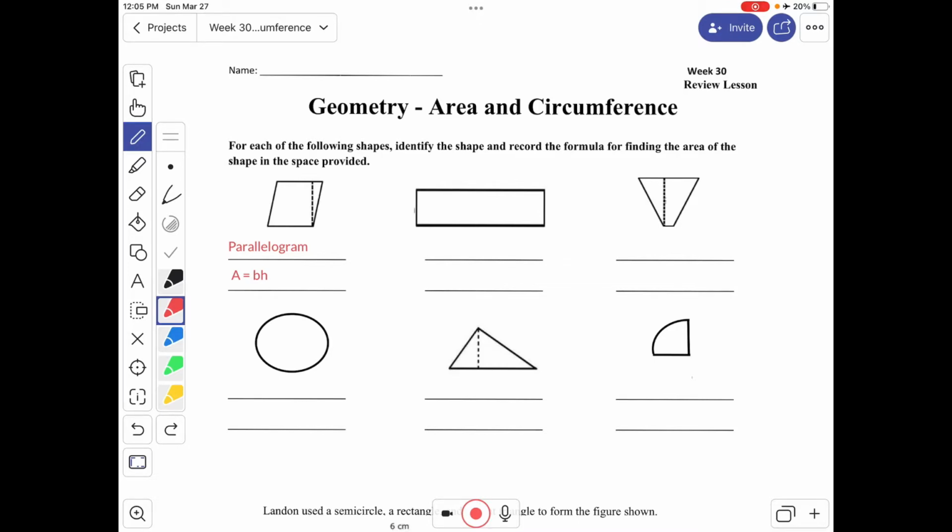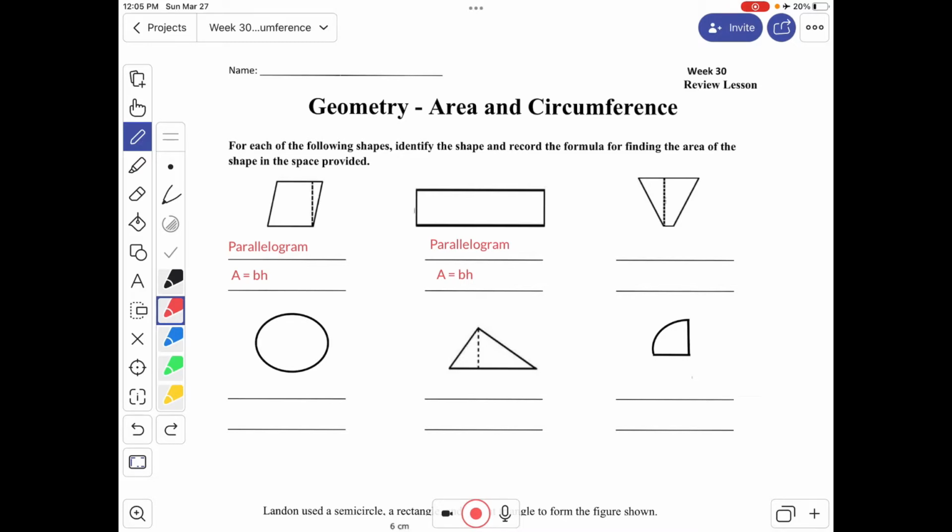The next shape is a rectangle, and rectangle is listed on our mathematics chart, but it's also a parallelogram, and that would be the same formula, area equals base times height.